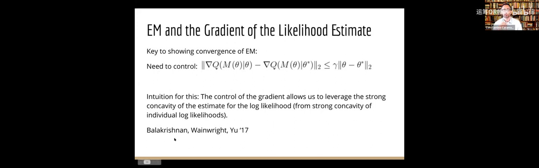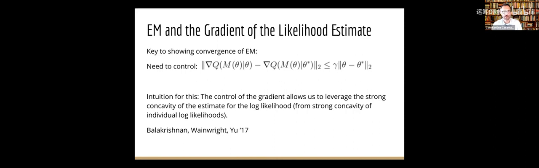Essentially, this result by Balakrishnan, Wainwright and Yu showed that as long as this is controlled by the difference between theta and theta star, so as long as we have this Lipschitz-like continuity of the gradient of Q, then we can essentially follow the standard proofs of linear convergence for gradient descent for smooth and strongly convex functions, more or less, and get the result that gradient EM and also EM converges.